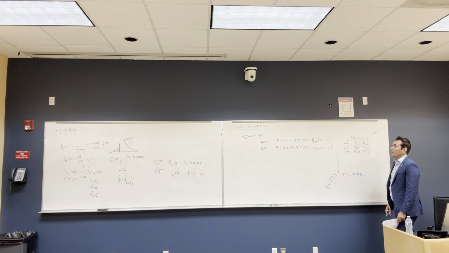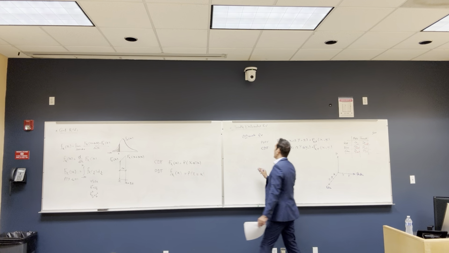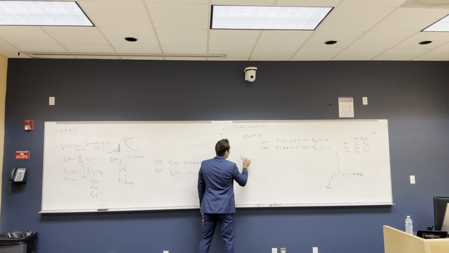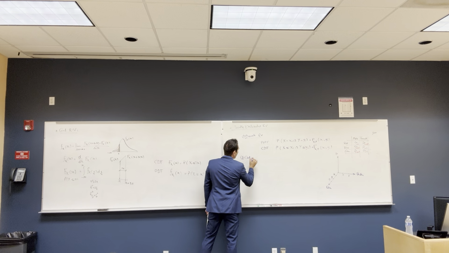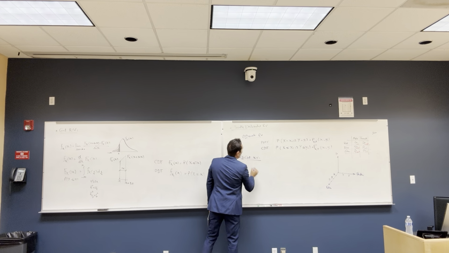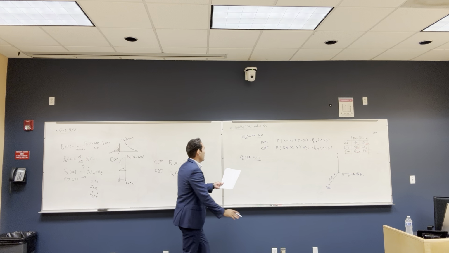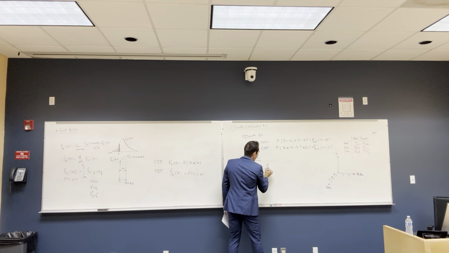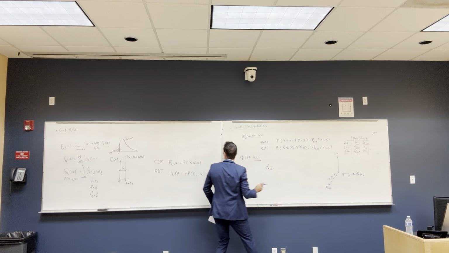All right, so this is how I write the PMF and the CDF. That's the first thing about discrete random variables. Let's talk about continuous random variables, kind of similar to this concept. For a continuous random variable it's the same thing, so I'm going to have f of x.